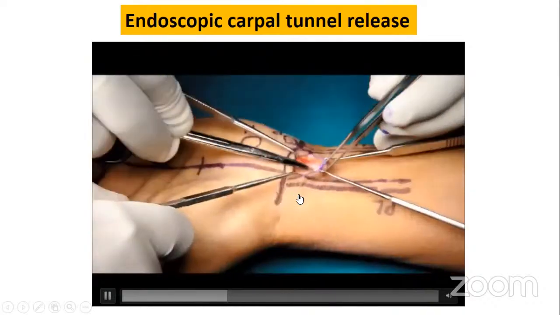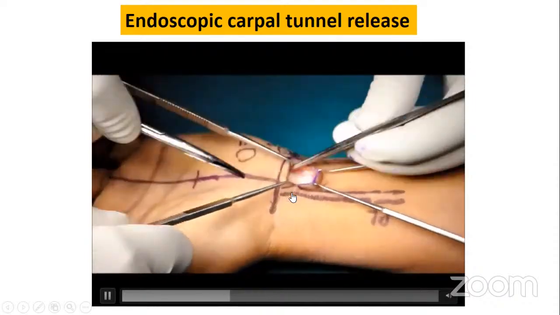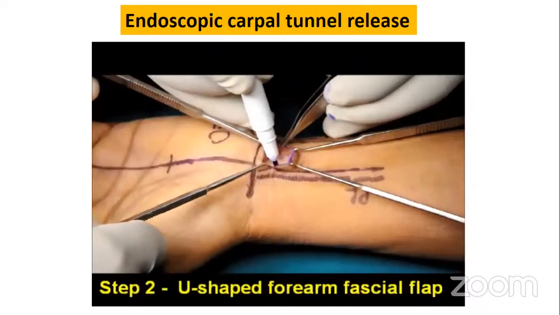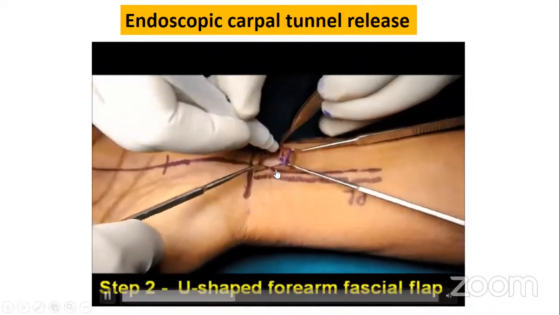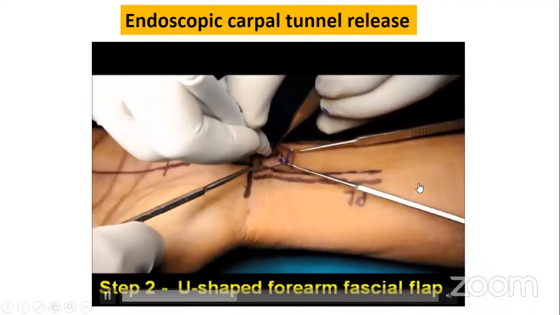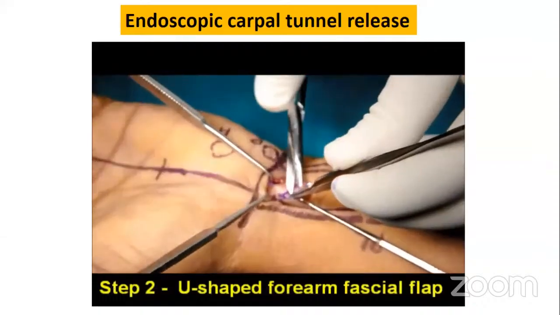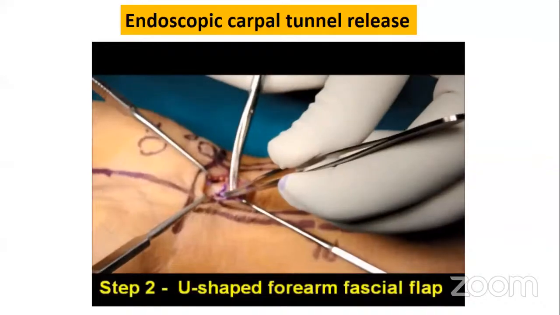So go here. That is the proximal fascia here. Make a small nick there and a small U-shaped flap in the deep fascia here. You'll see the nerve right underneath there.